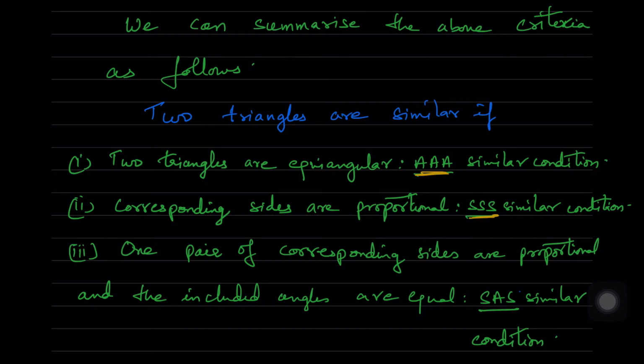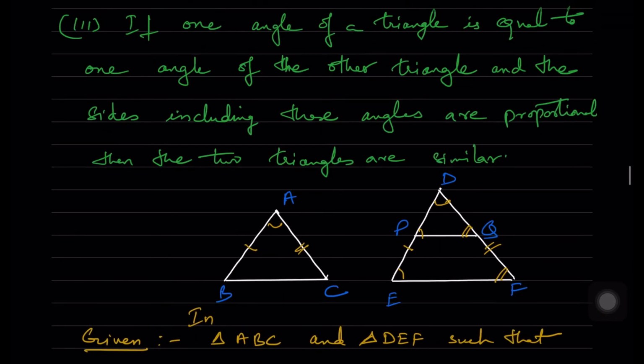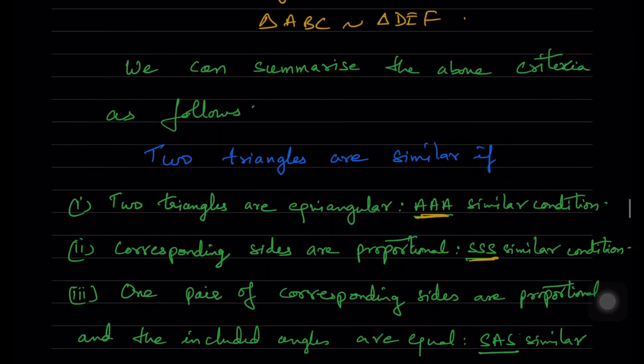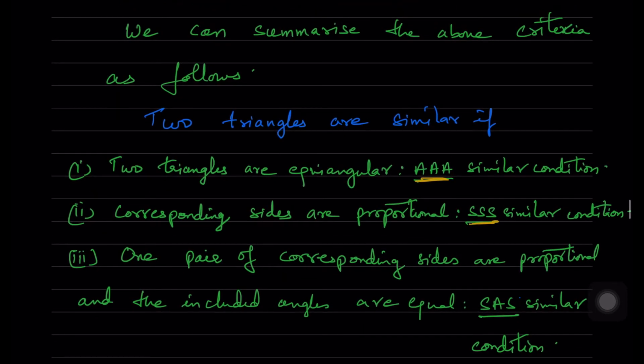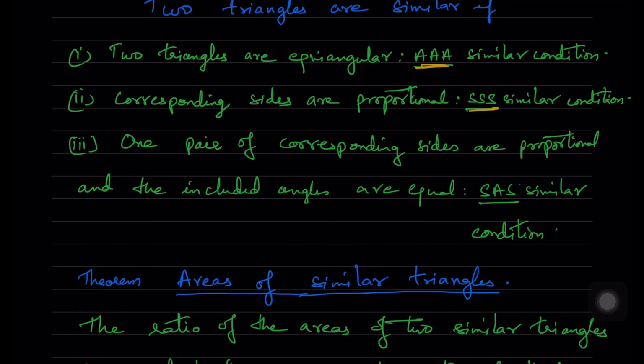Just now in the third criterion, we took AB and AC proportional to DE and DF, and angle A equal to angle D, which is the included angle between these two sides. So these are the criteria for similar triangles: SAS, SSS and AAA.